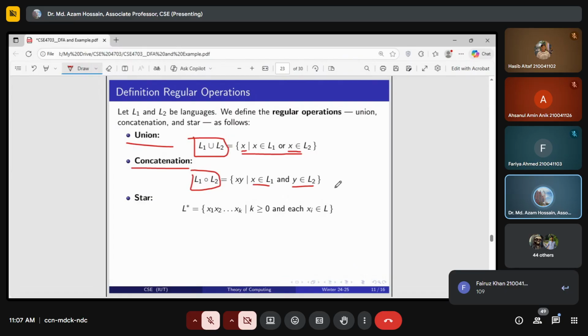I'll give examples. But now there is another new operation. You may not have seen this operation; it is called L star, and it's a very useful operation in the theory of computation.